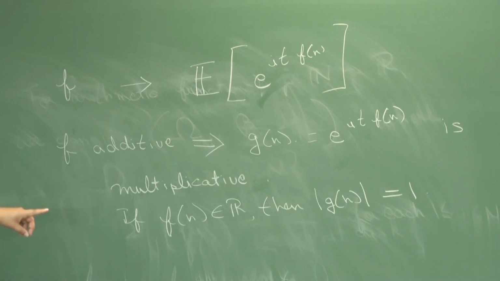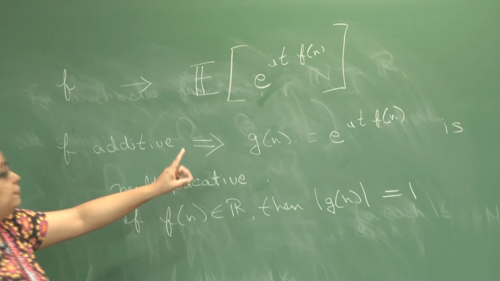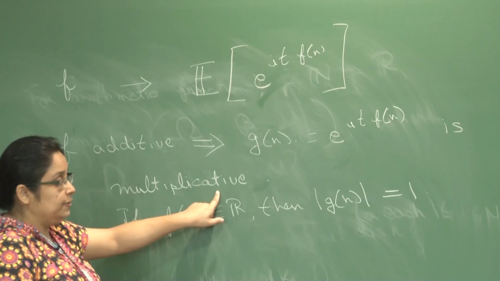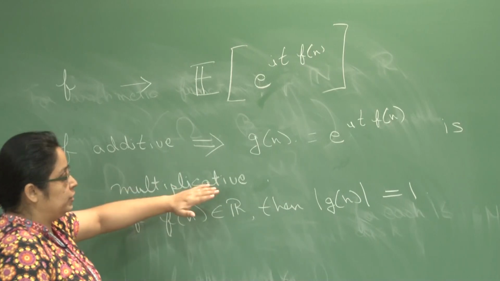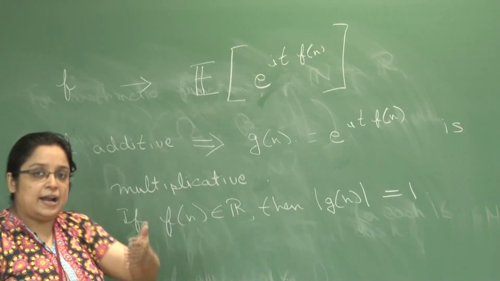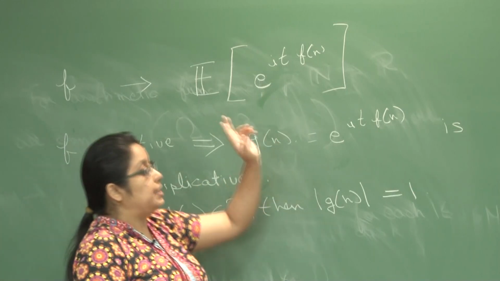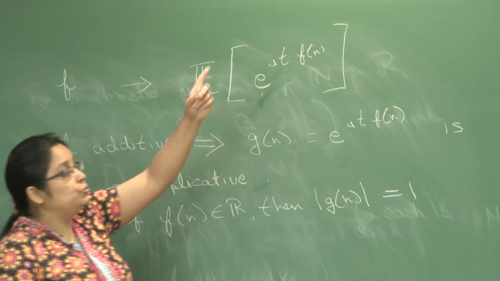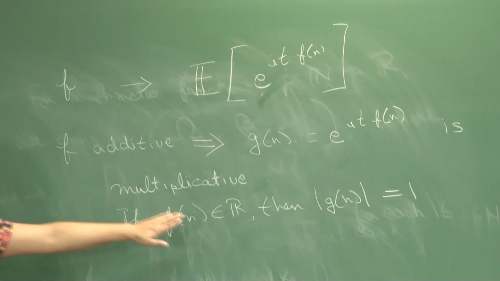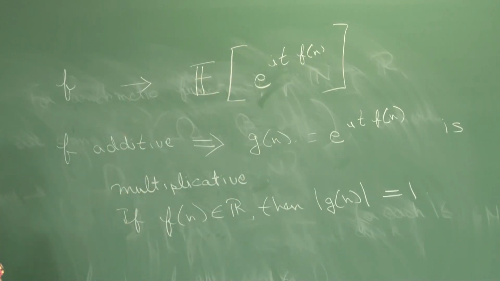So, that is why we want to study functions which are multiplicative, average orders. So, expected values are average orders. So, we want to study the average orders of functions which are multiplicative and whose values lie in this context exactly on the unit circle.